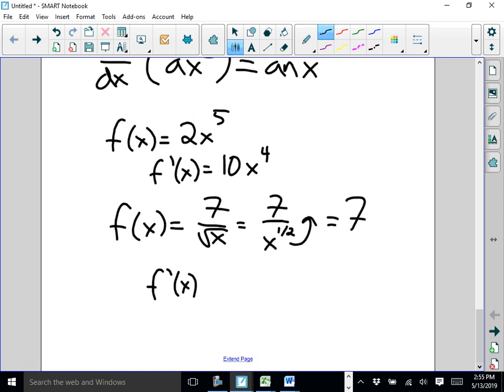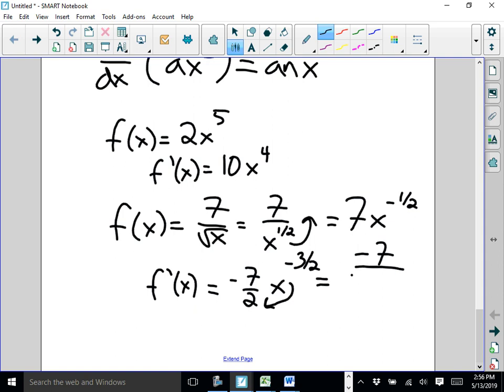Now again, I multiply out front. 7 times negative half is negative 7 over 2 x, and I reduce the power by 1. Negative half minus 1 is negative 3 halves. Now again, if all we need is f prime of x, we're good there. But if we have to evaluate this thing, we want to evaluate it with positive exponents. So I'm going to take this x to a negative power and move it down to the denominator with the 2.